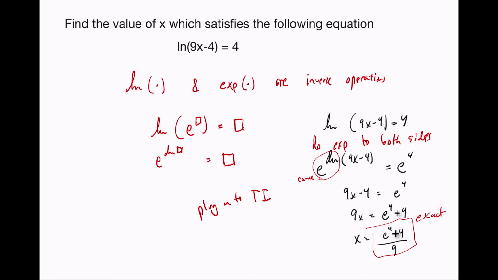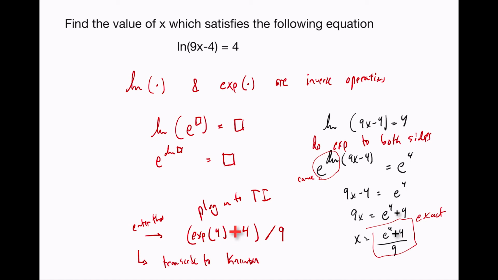So in order to do this in my TI calculator, it'll look like e to the 4 plus 4, with parentheses, divided by 9. And then we'll get the answer and transcribe it to the Newton system, or wherever you happen to be entering your values.